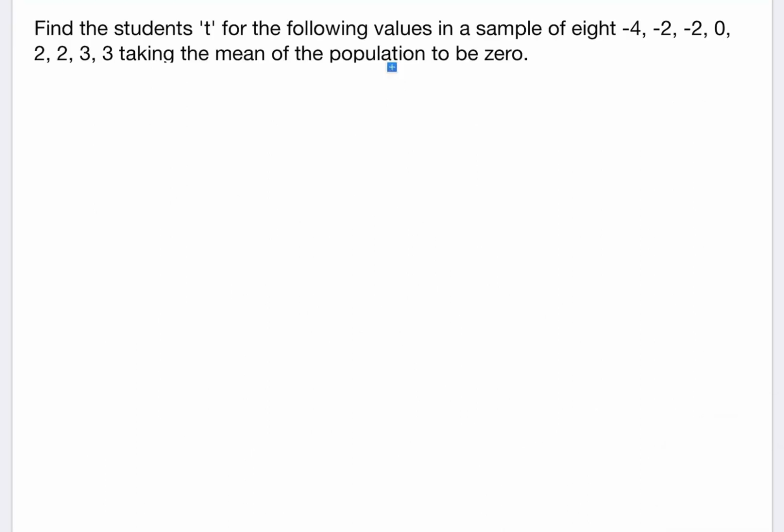Now let us consider some problems on the t distribution. Here's the first problem. Find the student's t for the following values in a sample of 8, and the values are -4, -2, -2, 0, 2, 2, 3, 3, taking the mean of the population to be 0, and also test the hypothesis at 1% level of significance.